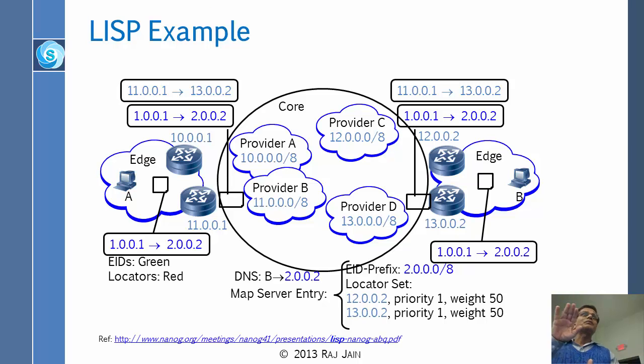Just say route print in your computer, and it will print out the routes, which have the weights and show how your packets will go. So same thing here, we have the weights. All this information is gotten from the map server. Actually, it is gotten from the map resolver, but the map server has the entry, and you ask the map resolver, and it tells you this.